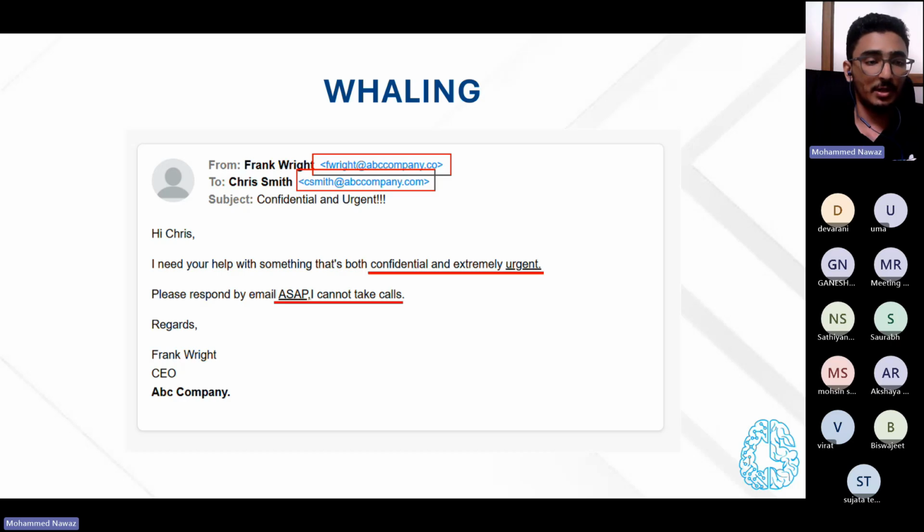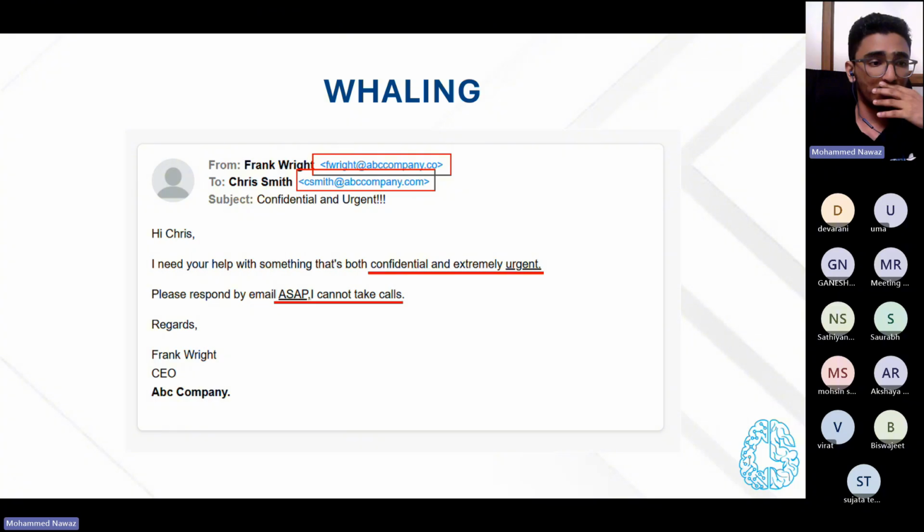As I said, this domain can be purchased from a third-party website like GoDaddy or any other domain provider. Then they will implement their email on a third-party server or Office 365, draft this kind of email, and send it to the users.